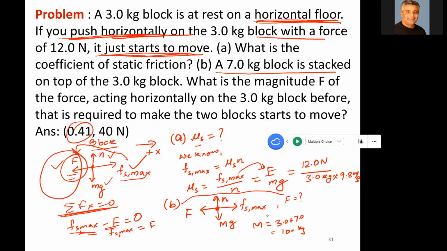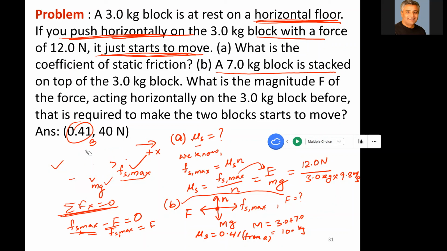Oh, you guys are chatting a lot. So mu s is still the same. How much? That's 0.41 from A, because it's the same surface and the same block. So that means basically now part B is the same as A.